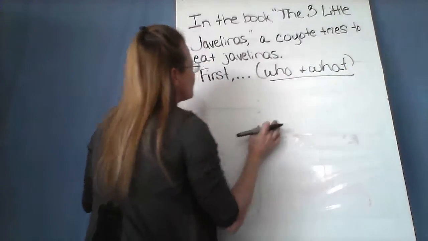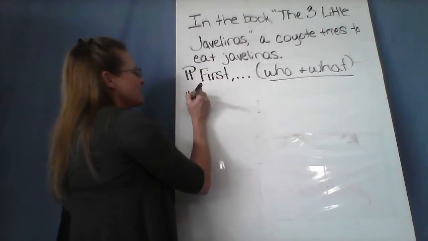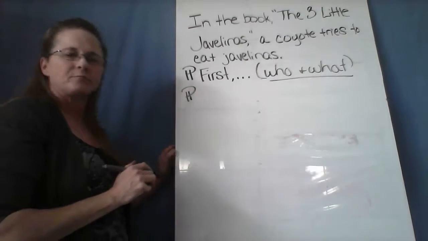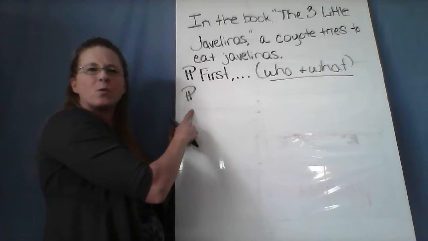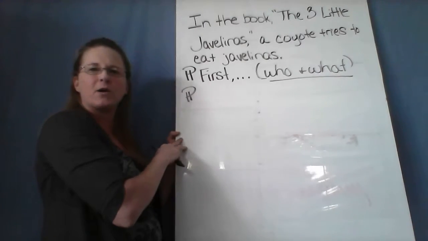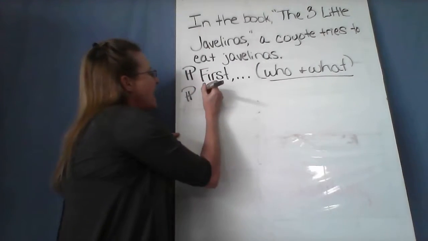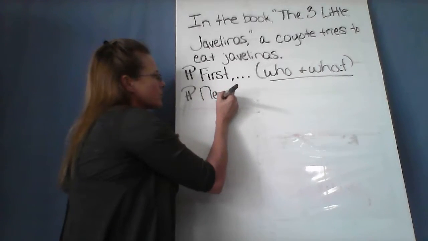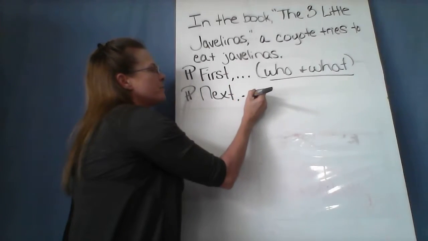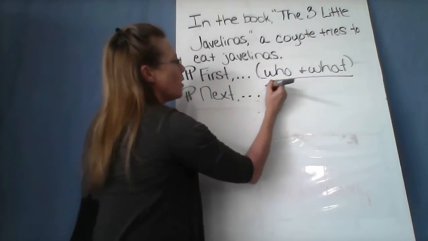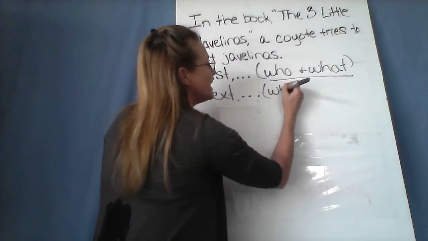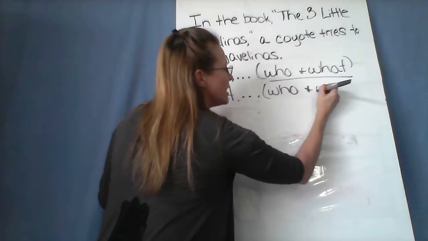Okay? Then when we go to the next paragraph of our story, I need another transitional word. Can someone give me a transitional word that would work good for the next paragraph? Yes, next, comma. And then you tell me what you have written in your notes. What am I going to include? Yes, the who and the what.